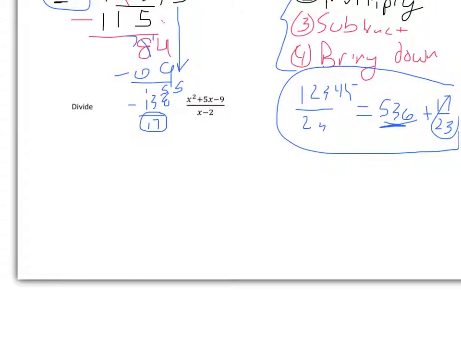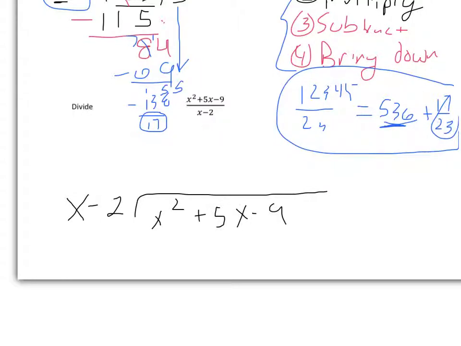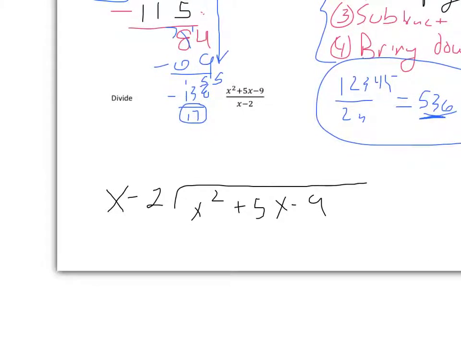Now, x minus 2 is doing the dividing. And x squared plus 5x minus 9 is being divided. Okay, so if nothing else, we can set this up. We know that this is pretty much what it should look like. Now, the dividing part's going to be a little bit different.